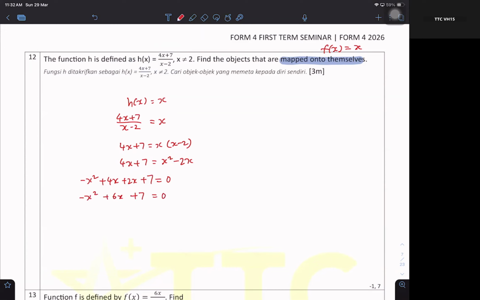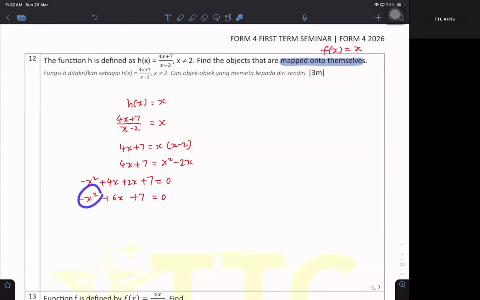But then we don't like negative, right? General form, then press calculator. This one I taught you before, right? We don't like the first one negative. So we change. Negative become positive, positive become negative. Then you press calculator.